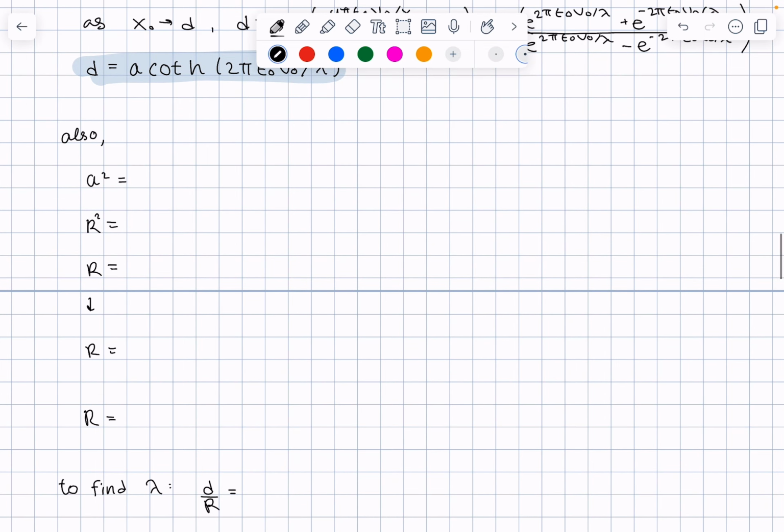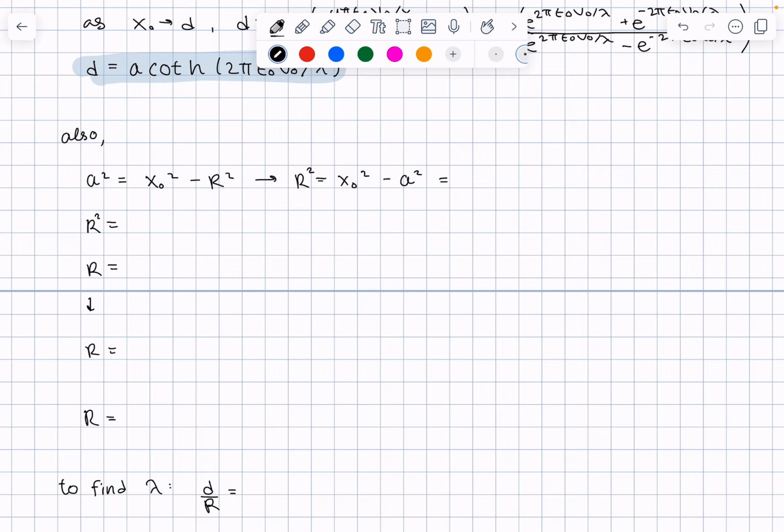We can also say that a squared is equal to x naught squared minus r squared when we are comparing our equations to that of a circle centered at x naught, 0. So from this equation we can say that r squared is equal to x naught squared minus a squared.